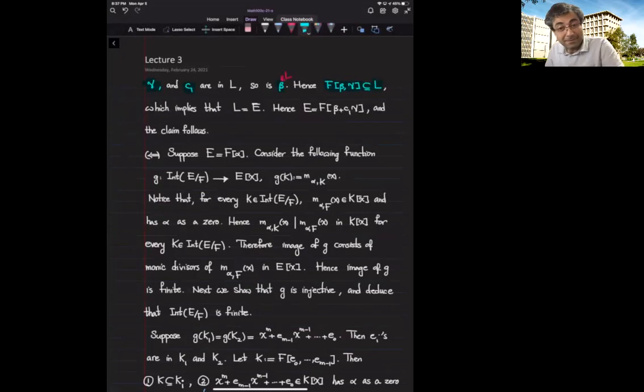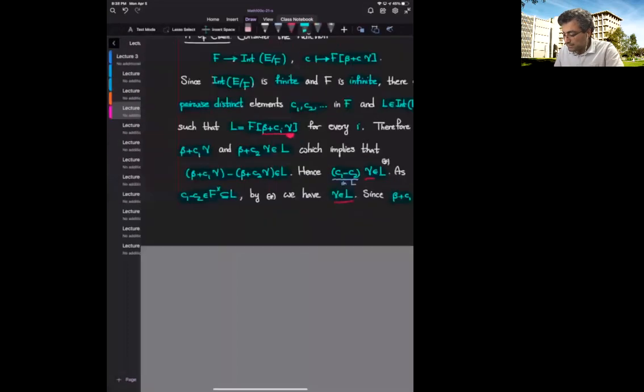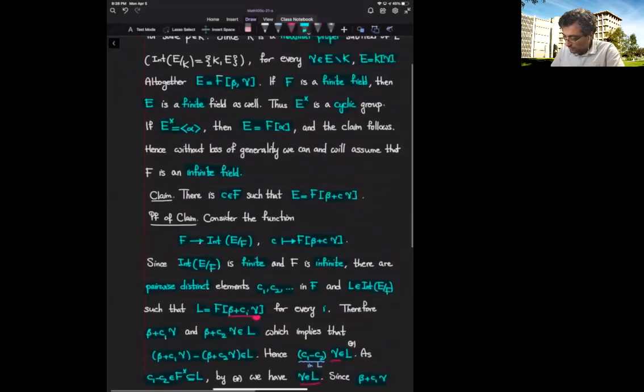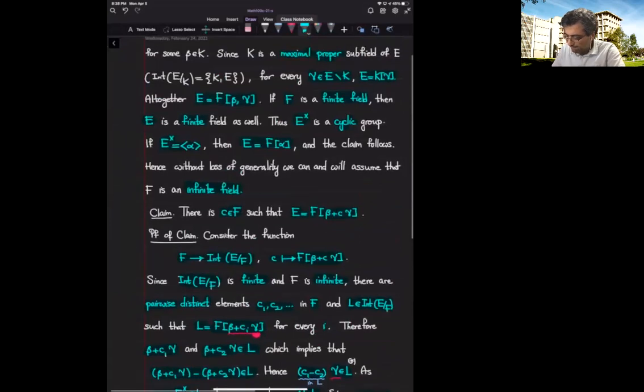But remember, the field generated by F, beta, and gamma is the entire field E. There it is, over here.